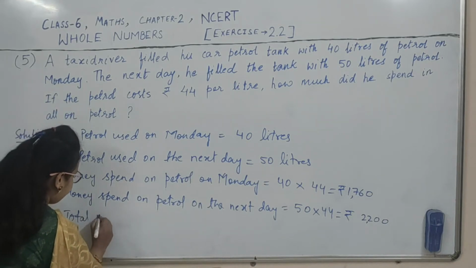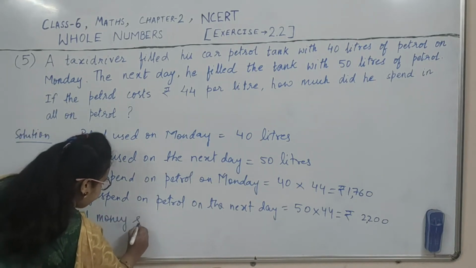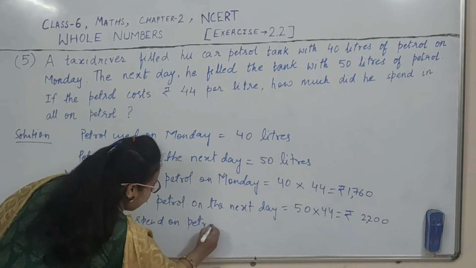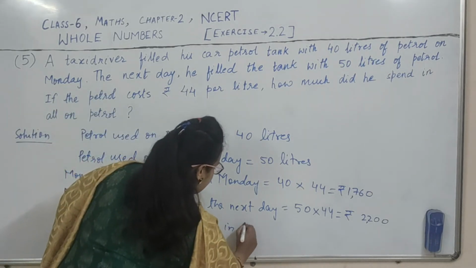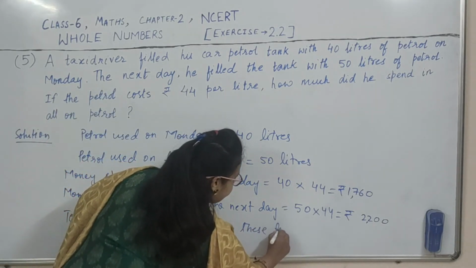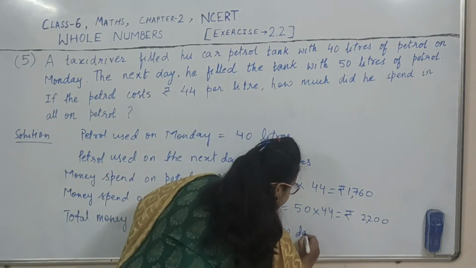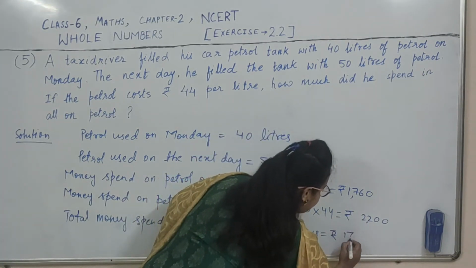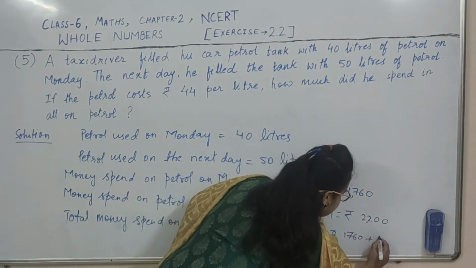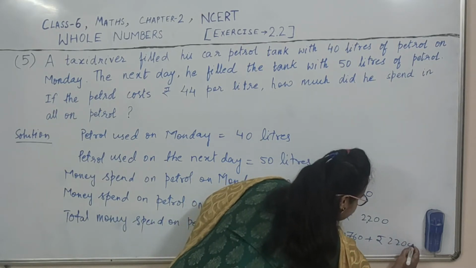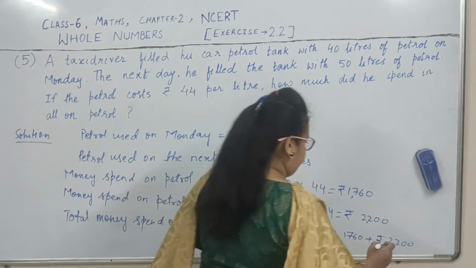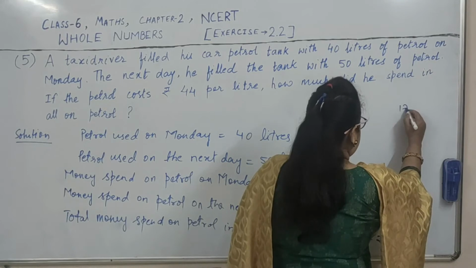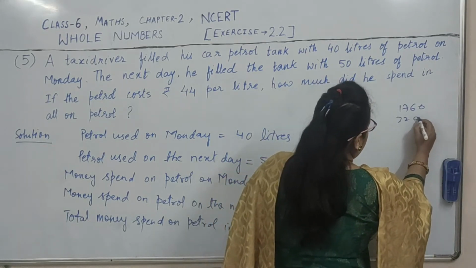So total money spent on petrol in these 2 days is equal to, we have to add these two. Rupees 1760 plus rupees 2200, which equals to, see, we will add here 1760 and 2200.